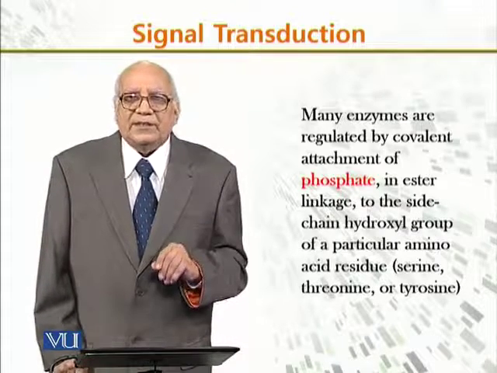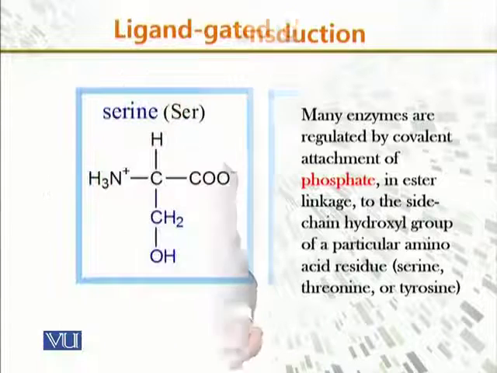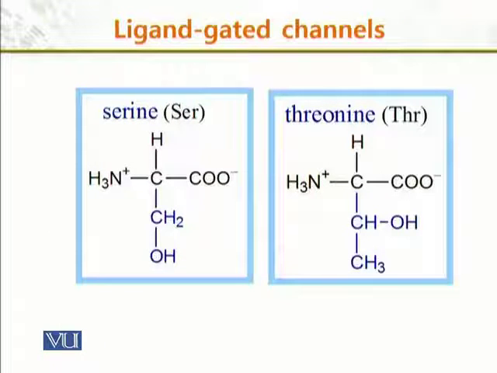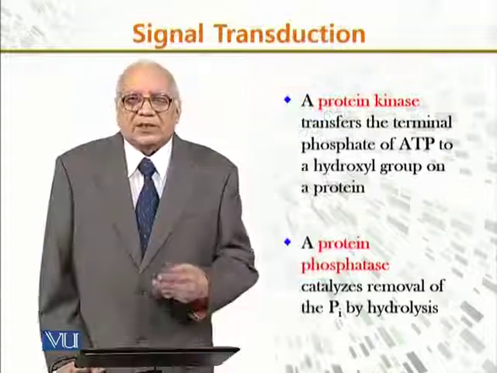One is the side chain, and another important part is the hydroxyl group, which we can see in serine, where the hydroxyl group is there, and then the amino group is on the other side, and then there is the side chain. These are the groups which control the transduction.